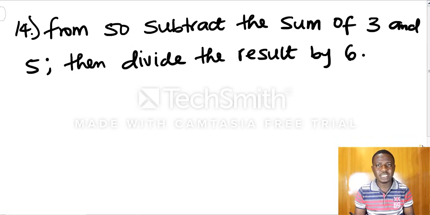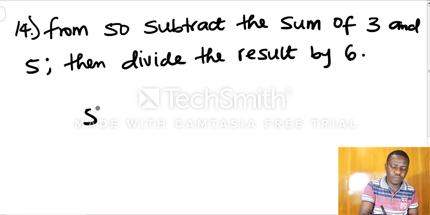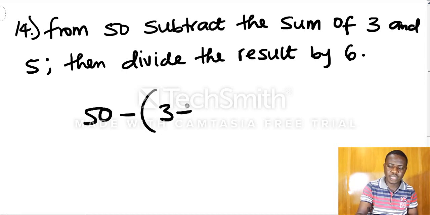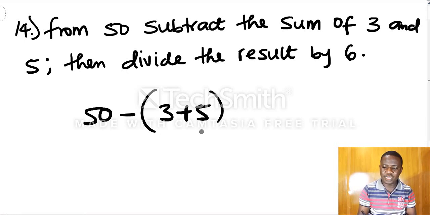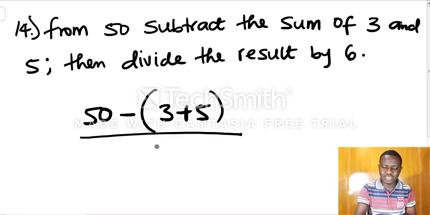Question 14 says from 50 subtract the sum of 3 and 5. Then divide the result by 6.